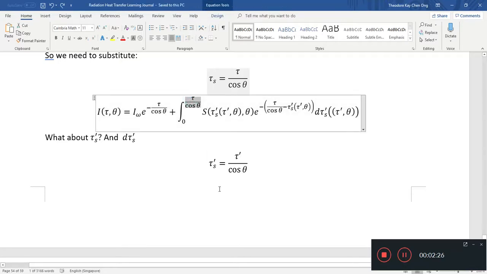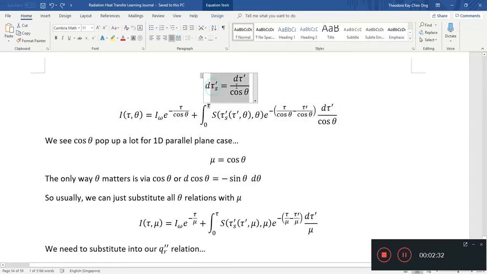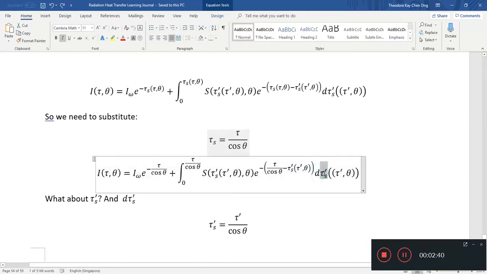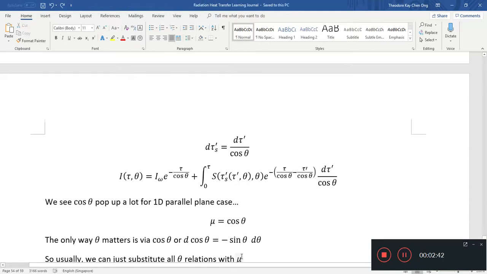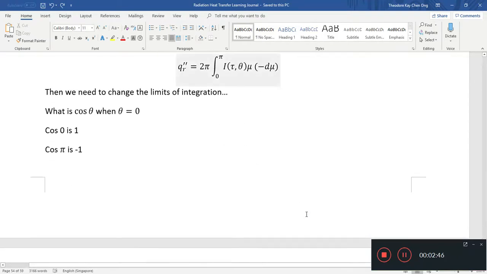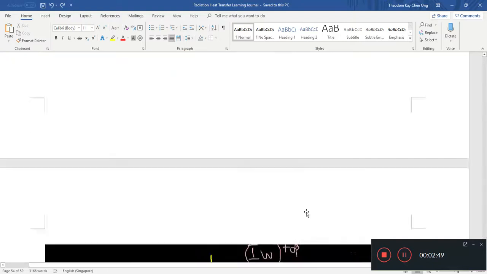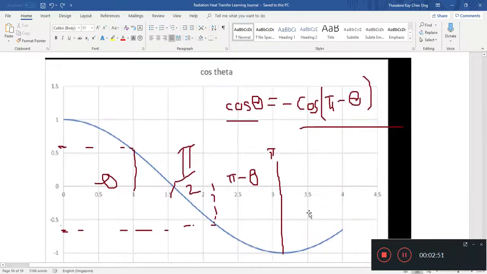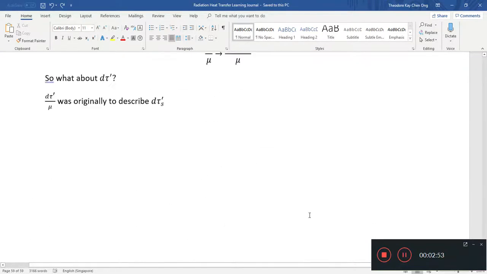But if we change the variable here to d tau s, then this will have to be changed back to tau, because this d tau prime is what we are varying rather than d tau s prime. Other than that, we are good, and we will need to go back to our equation at the bottom to see where we are headed next.